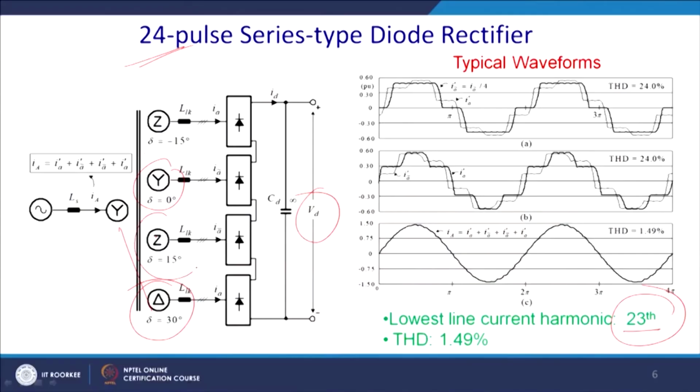So, we require a special kind of transformer to be designed. But you get some manufacturing advantage, because you will be using star-star and star-delta, and these vector groups are available commercially. Only two special vector groups are required in the case of the 24 pulse converter.